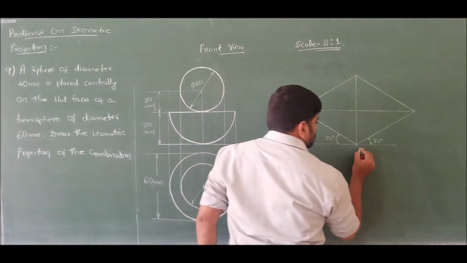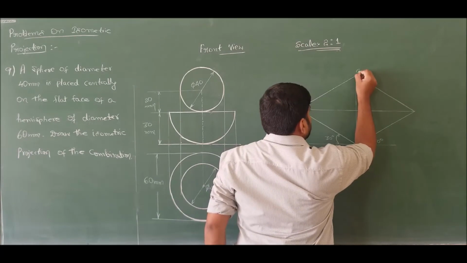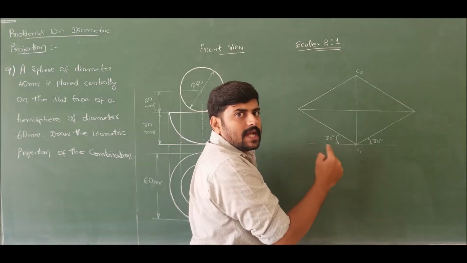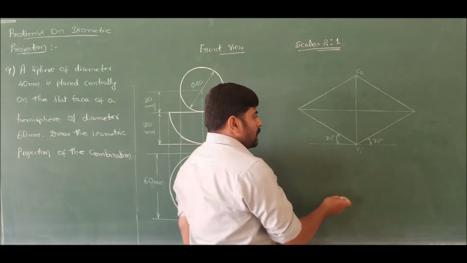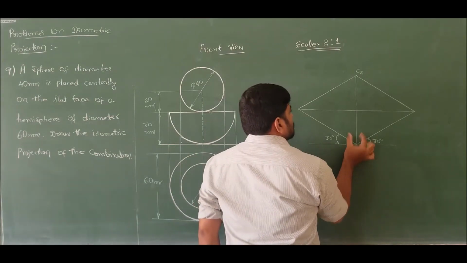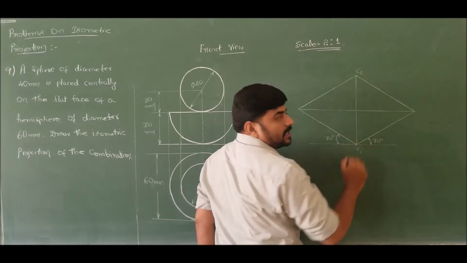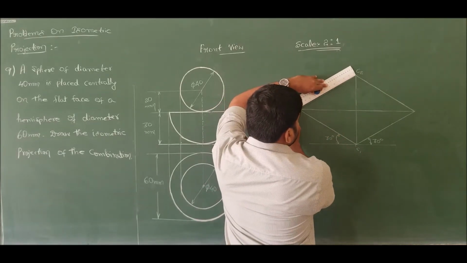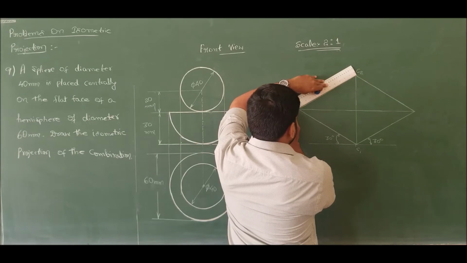Marking the centers C1 and C2, identify the centers C3 and C4 by drawing the perpendicular bisectors from center C1 and from center C2. In order to do that, mark 3 boxes on all the 4 sides.